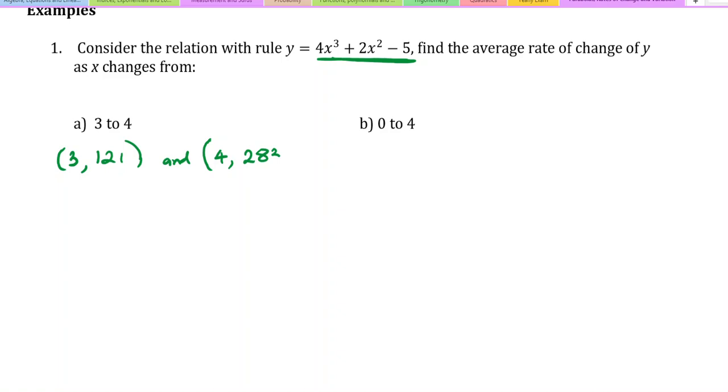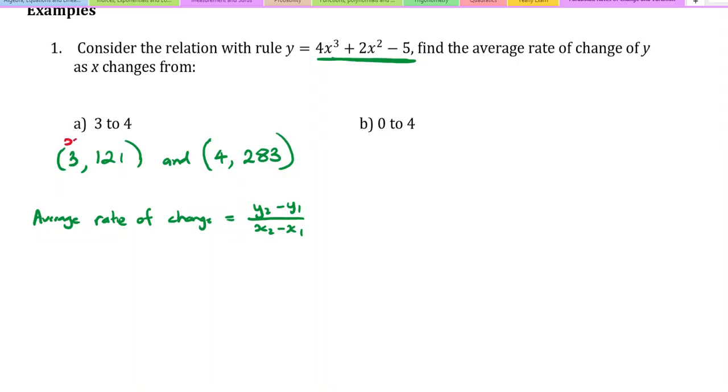Now we're going to find the rate of change using our formula. So average rate of change is equal to y2 take y1 over x2 take x1.